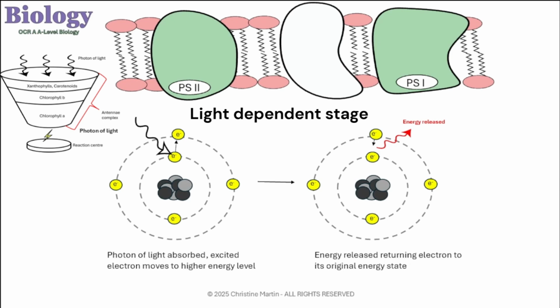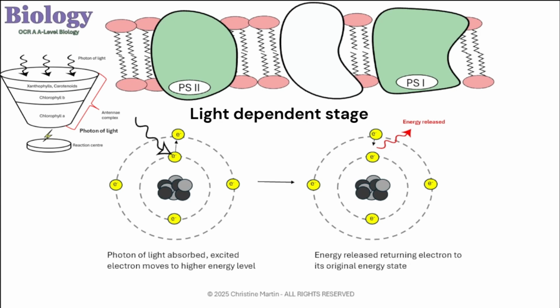When a pigment absorbs a photon of light, its energy is transferred to one of the pigment's electrons. This causes the electron to gain energy and move to a higher energy level, the excited state. The energy can then be passed from one pigment molecule to another until it reaches the reaction center.